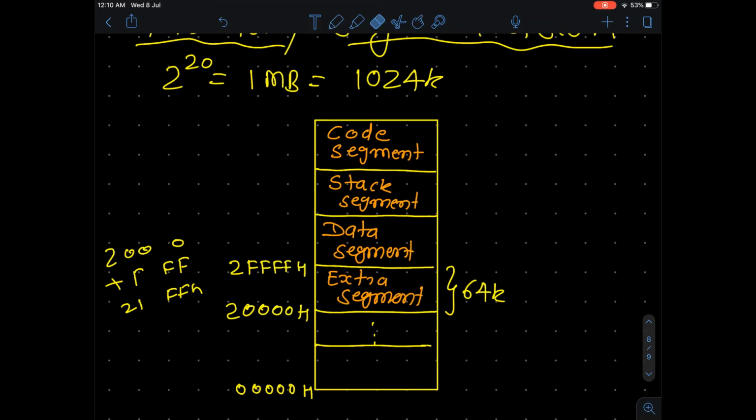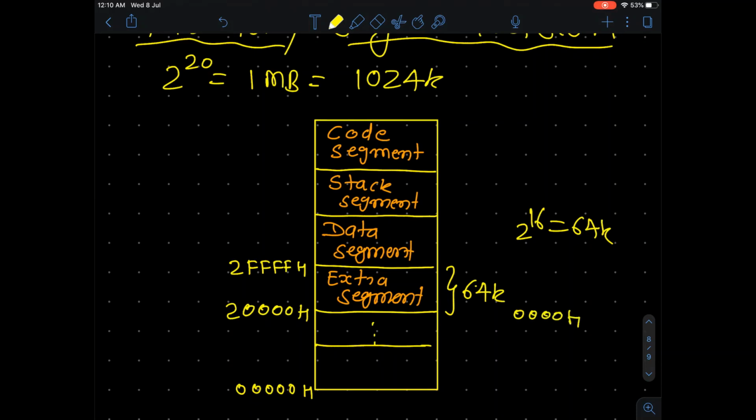As far as this extra segment block is concerned, it goes from 20000 to 2FFFF, because this is 64K and 2 raised to the power 16 comes to be 64K. That's why, as far as this block is concerned, the address range is from 0000 to FFFF. That's why we have added FFFF to this and we get this address.